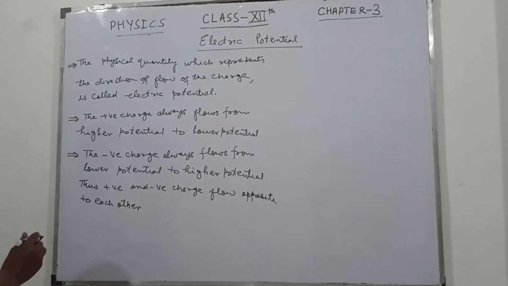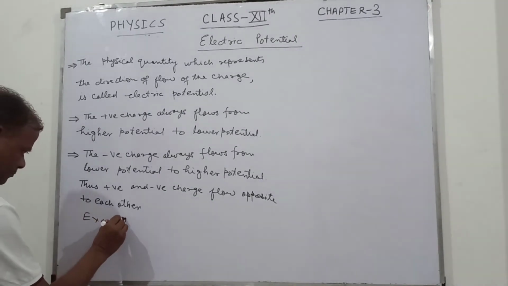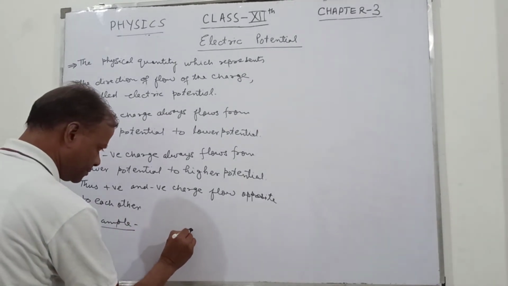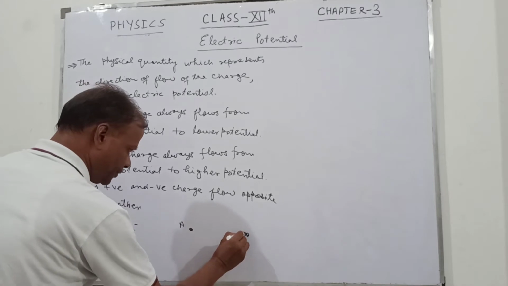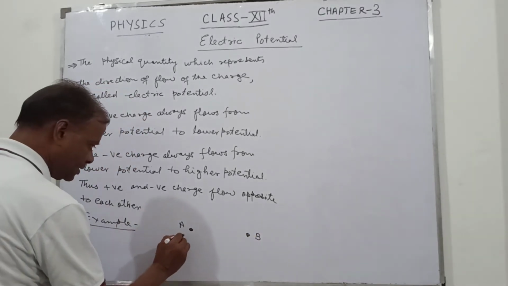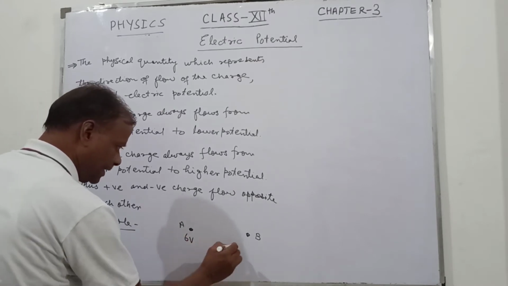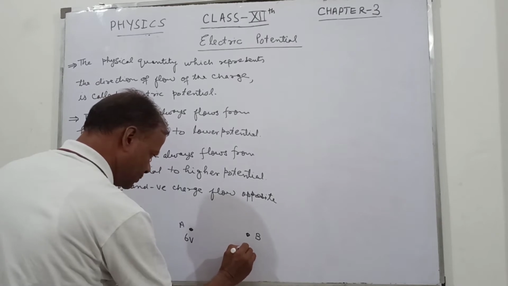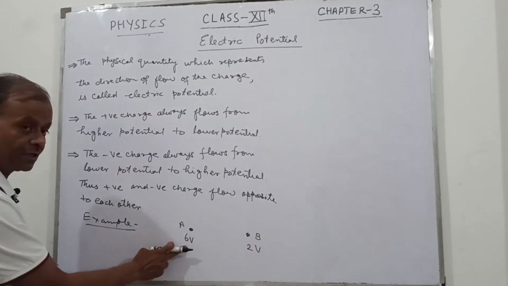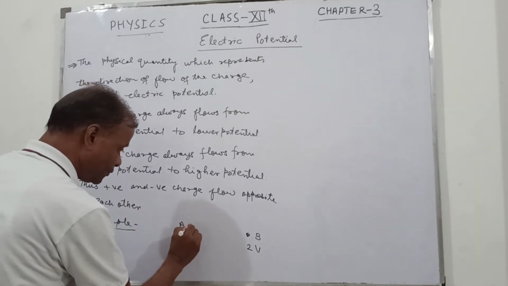Suppose this is the point A, this is the point B. Suppose this is at potential 6 volt, and this is at potential 2 volt. So positive charge will flow like this.